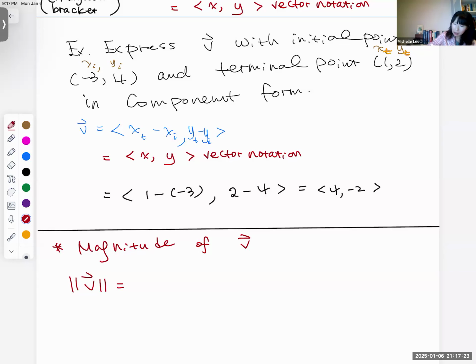Then we have v equal to the component form of a vector, which is x and y, right? Because those numbers are from the two ordered pairs, x and y. That's why they're using just x and y there, right? And we have the formula. How do we find it? This is from the distance formula, okay? So that will be the square root of x squared plus y squared. Yeah, same as, right? So think about the distance formula.